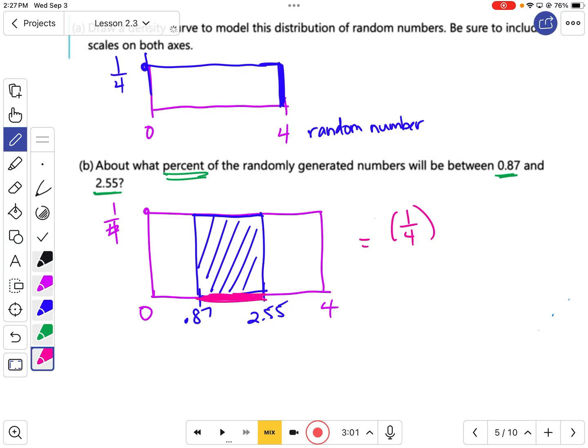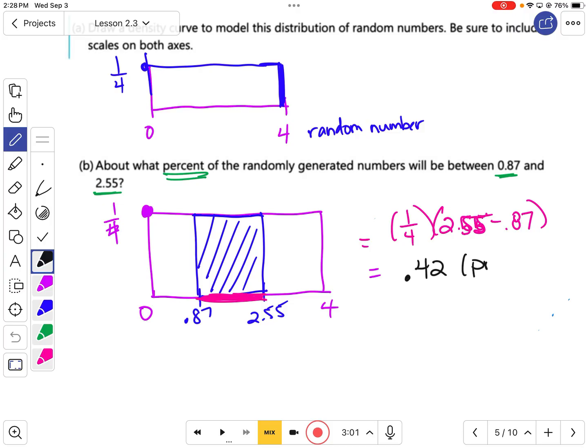Close. Subtract. We want the difference. So we take 2.55 minus 0.87, and we'd multiply it by the 1/4. So you always multiply by whatever's over here on this height. If you do that, I believe you'll get 0.42.